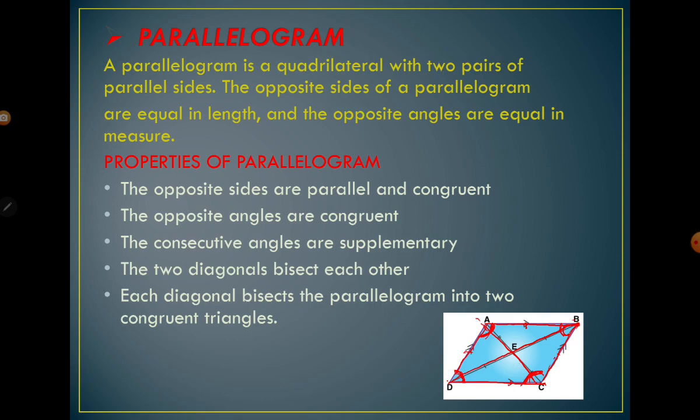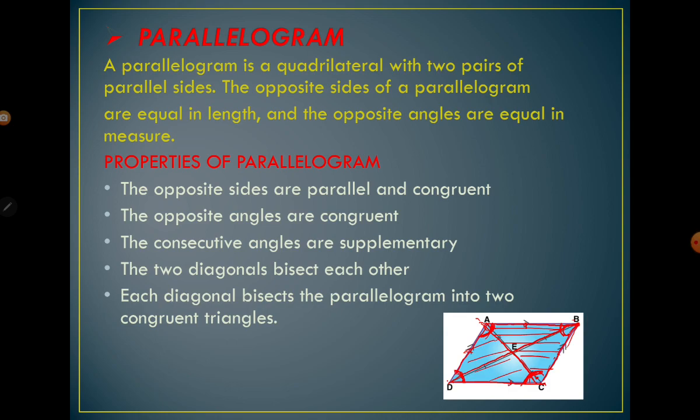The next one is that each diagonal bisects the parallelogram into two congruent triangles. Meaning, if I am taking diagonal AC, then AC bisects this whole parallelogram ABCD into two congruent triangles, ACB and ACD.